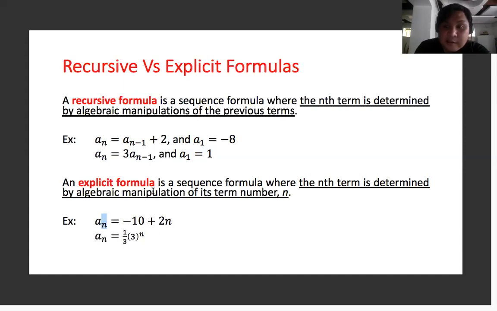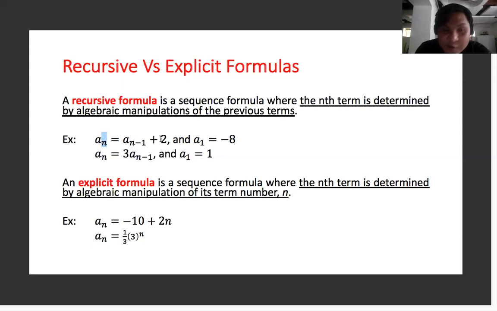Unlike explicit formulas, in the recursive formula, if you replace n by 5, the fifth term a sub 5 is equal to a sub 5 minus 1, which becomes 4. So a sub 5 is equal to a sub 4 plus 2. But the question is, do you know a sub 4? No, I don't. So you have to go back.